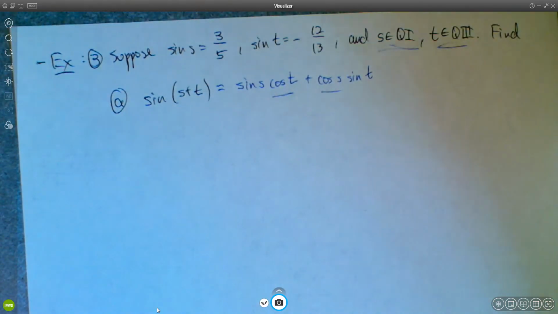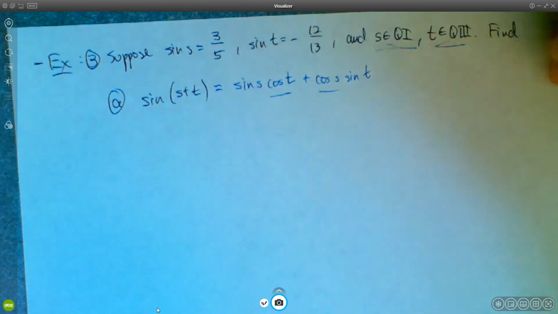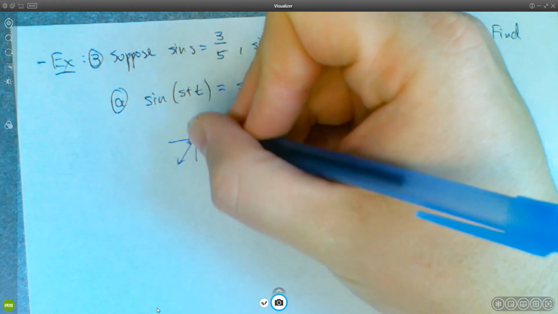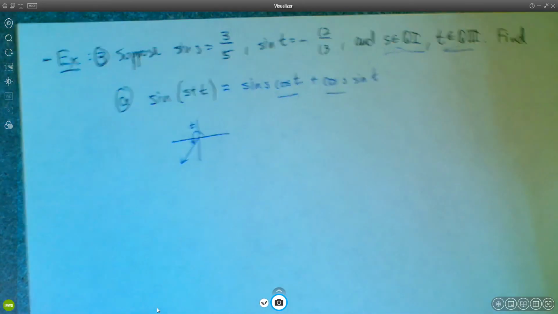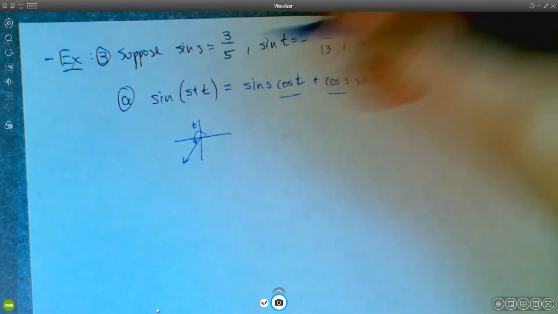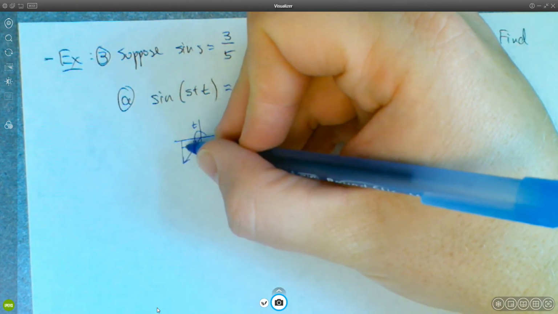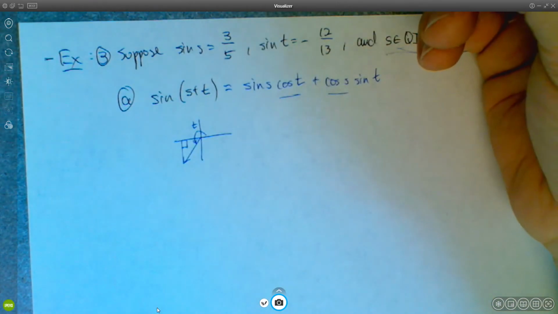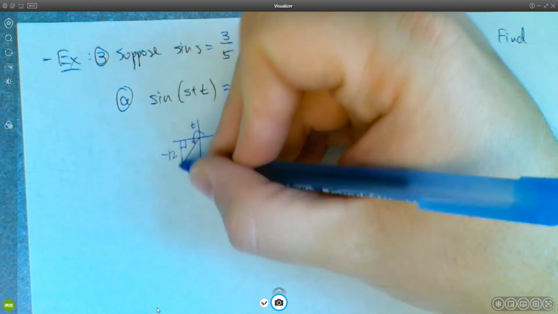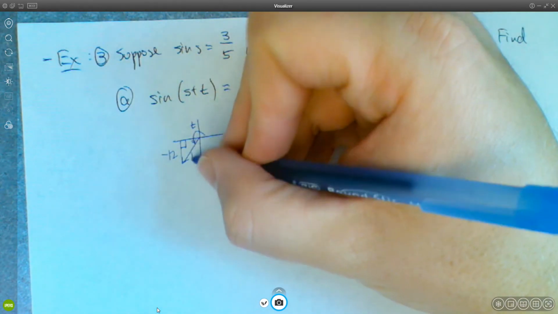So for cosine T, T is in quadrant 3. Right, so there's T. And sine T is negative 12/13. So if I draw my little right triangle now, sine T is opposite, so that should be a negative 12 since I'm down here in quadrant 3, over 13.